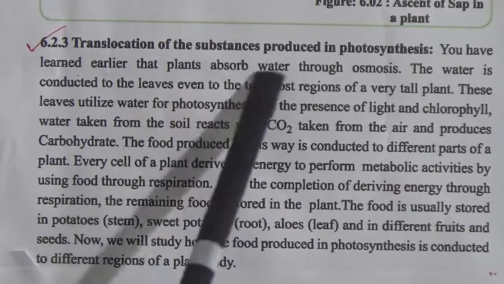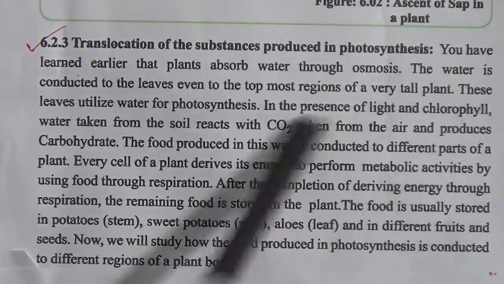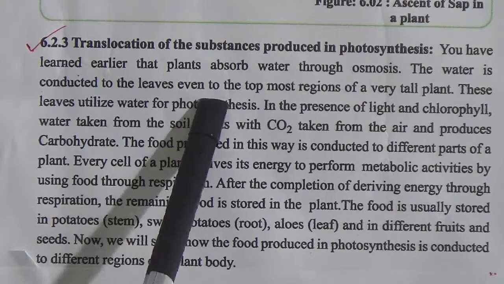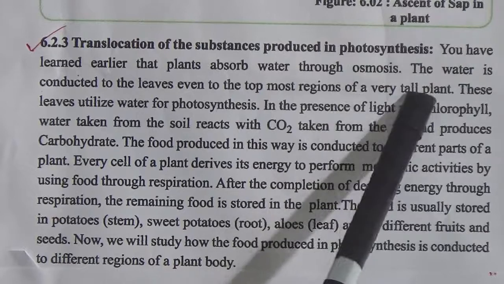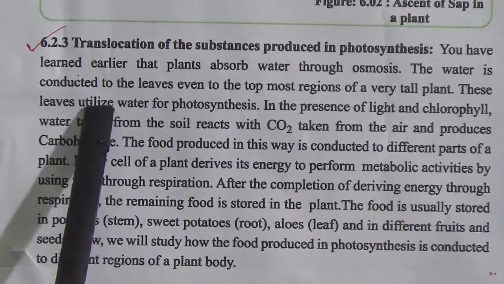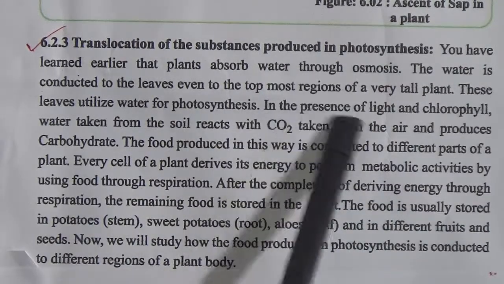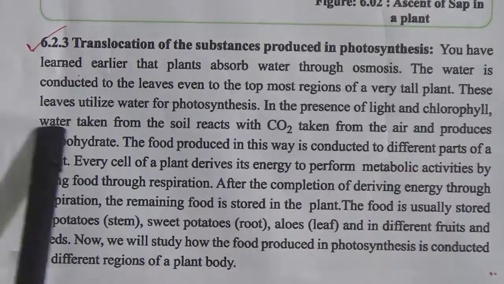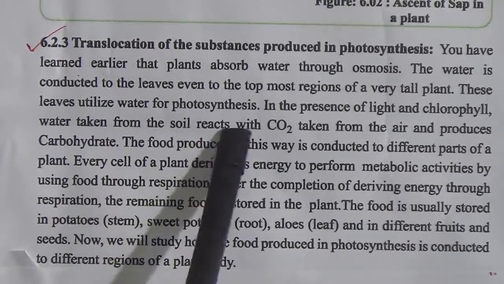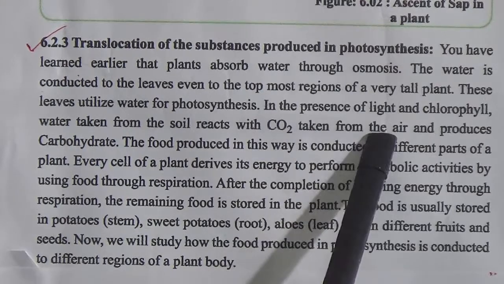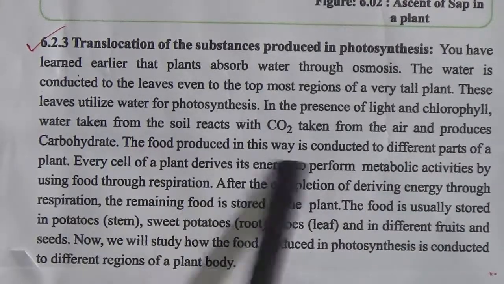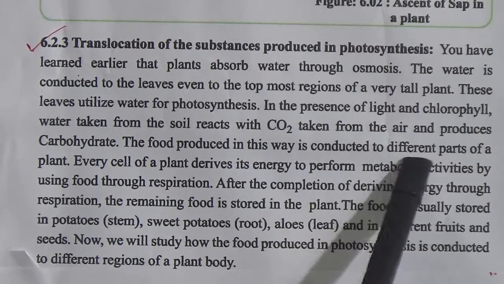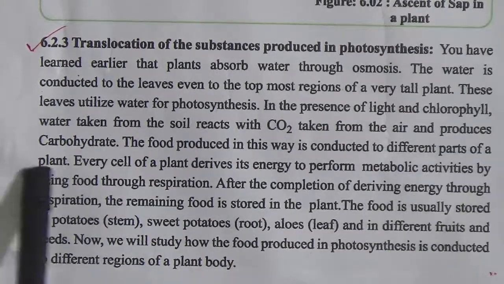Then the plants absorb water through osmosis. The water is conducted to the leaves, even the topmost region of a tall plant. These leaves utilize water for photosynthesis. In the presence of light and chlorophyll, water taken from the soil reacts with carbon dioxide taken from the air and produces carbohydrate. The food produced in this way is conducted to different parts of a plant.